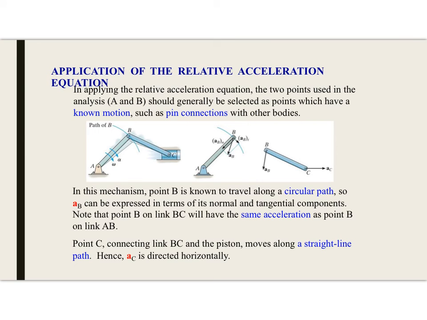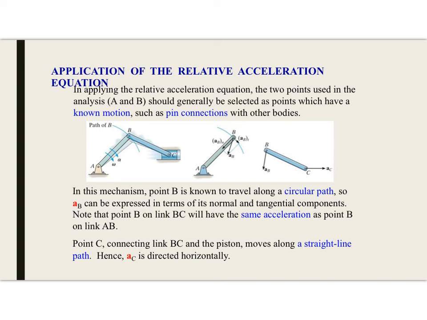And so, for instance, again, we can look at these linkages, and we know that as AB is rotating, it obviously has an angular velocity, an angular rotation rate. It can also be accelerating. Its angular rotation rate can be changing, and so there's an alpha.